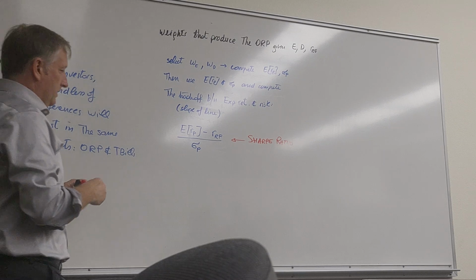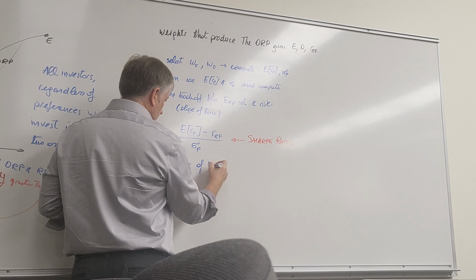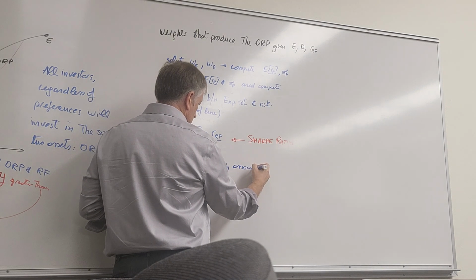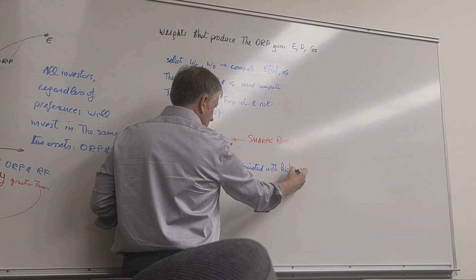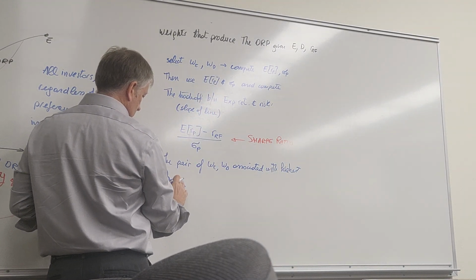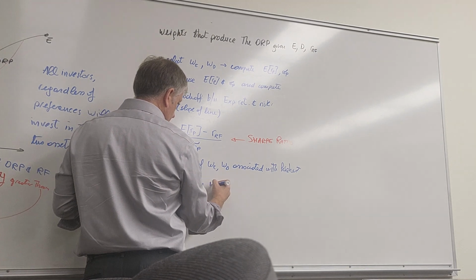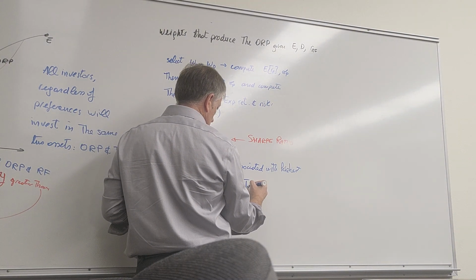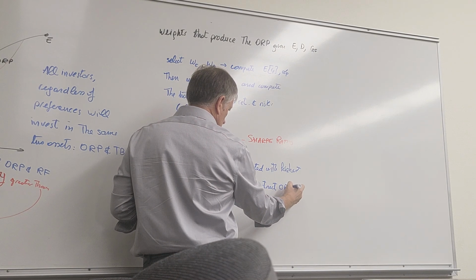Okay? So the pair, weight of equity, weight of debt, associated with the highest Sharpe ratio is the one used to construct this ORP.